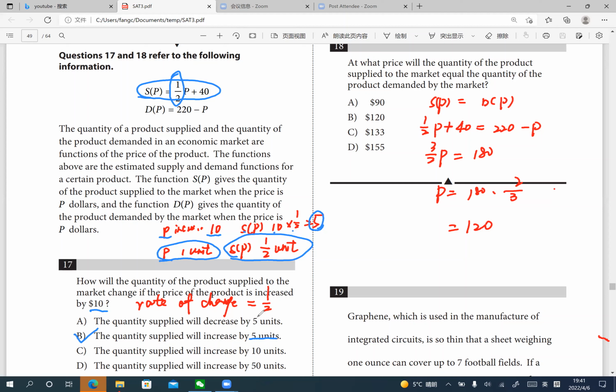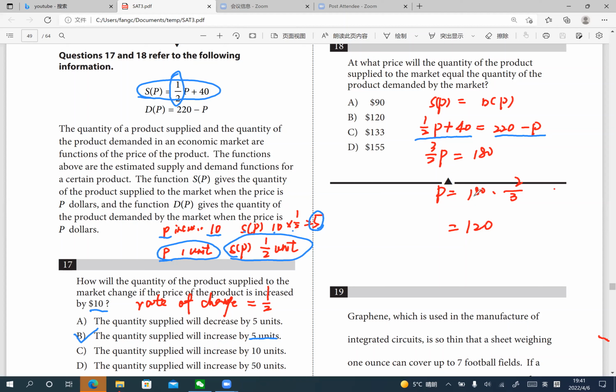Question 18. At what price will the quantity of the product supplied to the market equal the quantity of the product demanded by the market? Question 18 is very easy. We just need to set S(P) equal to D(P). S(P) equals 1/2 P plus 40, and D(P) equals 220 minus P. Then solve this equation. 3/2 P equals 180.